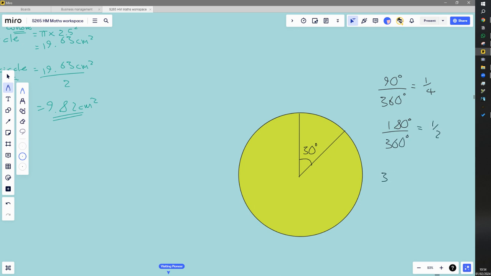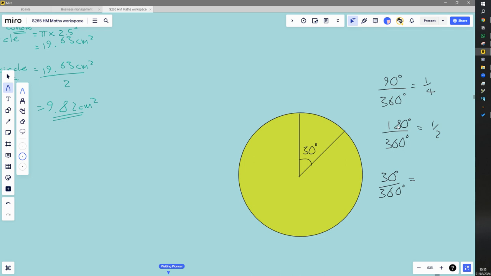If you do 30 degrees divided by 360 degrees, I think you'll find that you get a 12th. 30 divided by 360, yes, you get 1/12.